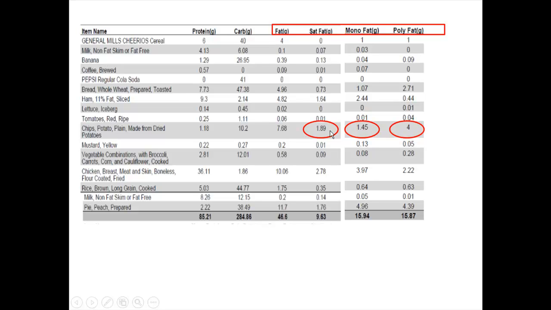So we're looking to reduce our saturated, because it was a 23 gram average, and we're going to get it down to 20, but we're going to increase our mono. So don't be surprised in this situation. I would reduce my potato chips to get my saturated, but I would increase my potato chips to get my mono. That's why I say for this project, we're not looking at balancing a diet.